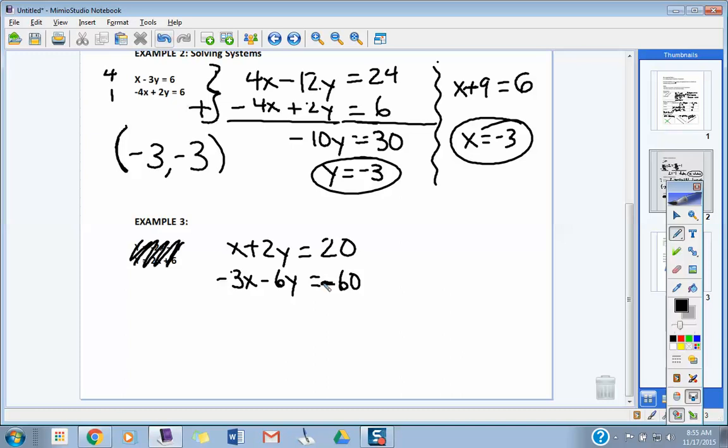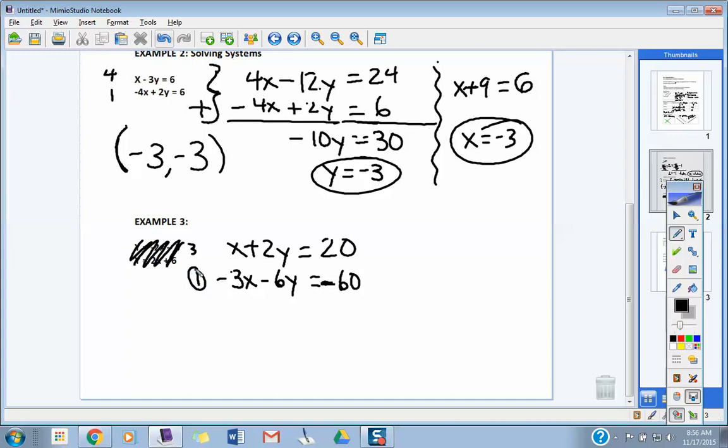Okay, so I don't have a variable all alone, so I don't want to substitute. I'm going to go right into elimination since I don't have a variable all alone. Any variables exactly the same coefficient-wise? Okay, so we need to crisscross. What are we crisscrossing with up top? What are we crisscrossing with on the bottom?